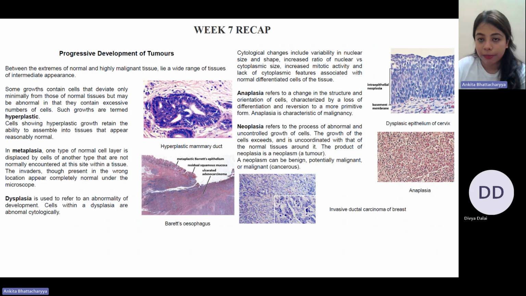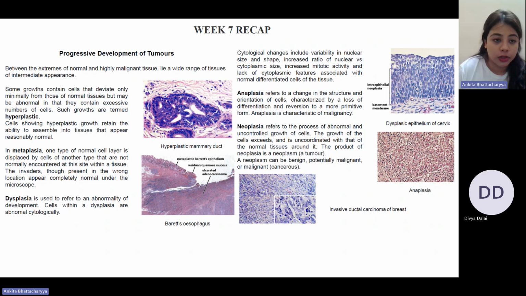So there is a progressive neoplastic transformation of cells that occurs. So between the extremes of a normal tissue and a very highly malignant tissue, there are a number of substeps or a number of morphologies that you can visualize under the microscope.